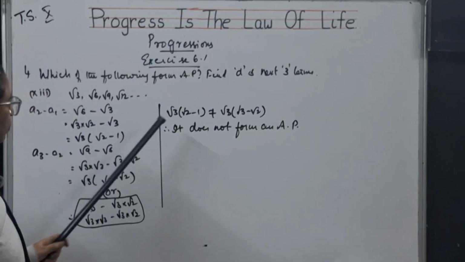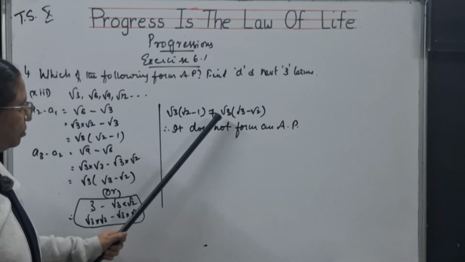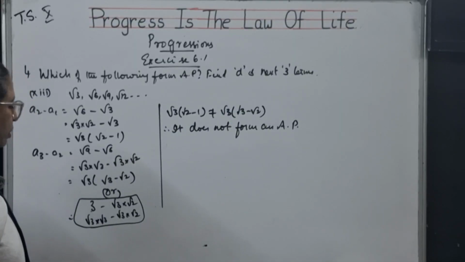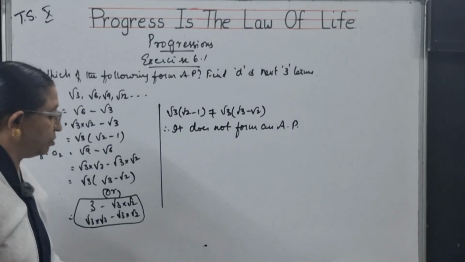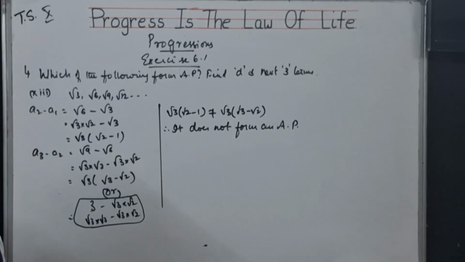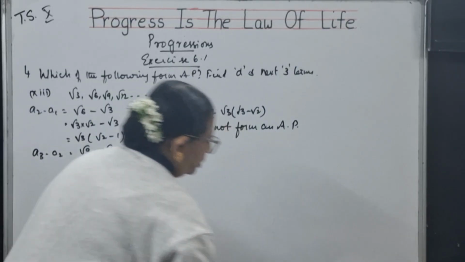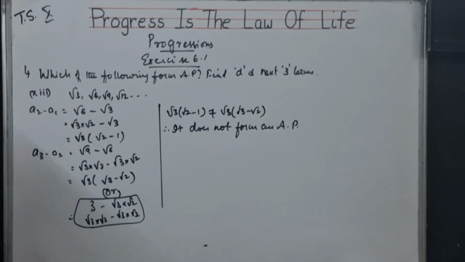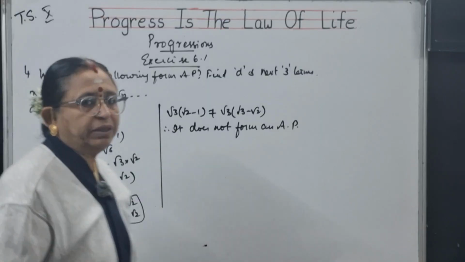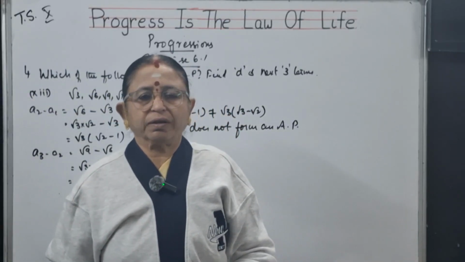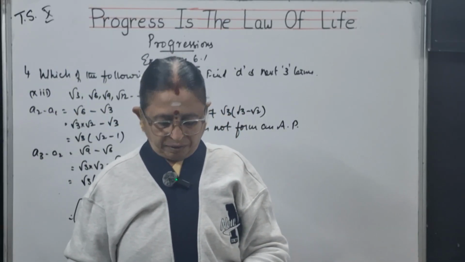So in this two, root 3 into root 2 minus 1 is not equal to root 3 into root 3 minus root 2. So it does not form an AP. So please note it down, children. With this exercise is completed. I will do the next part in the next class.